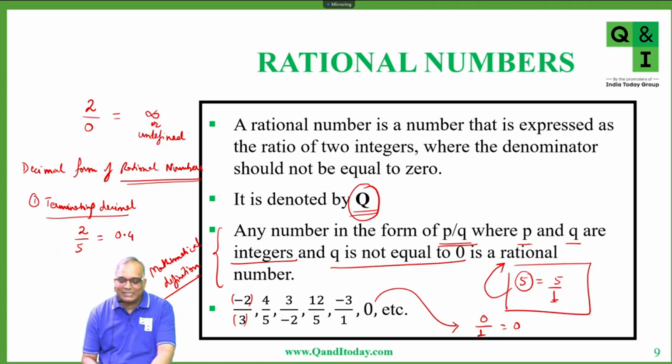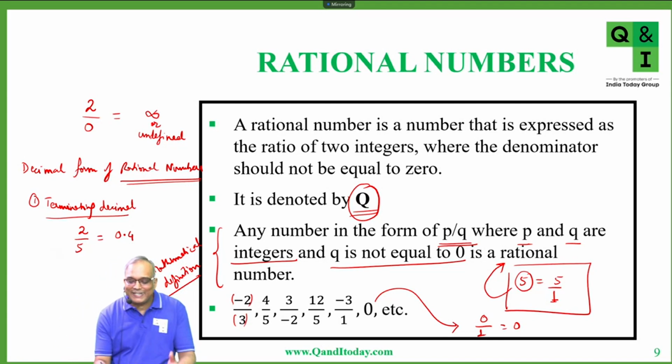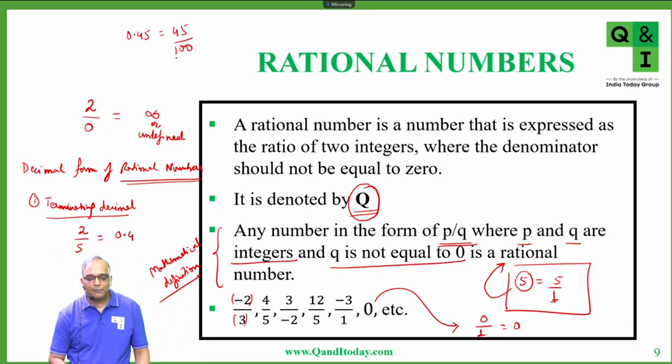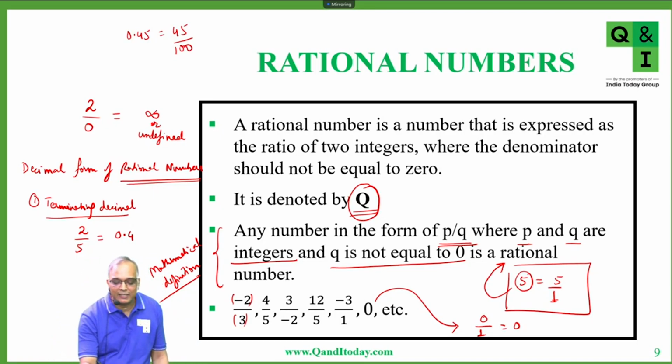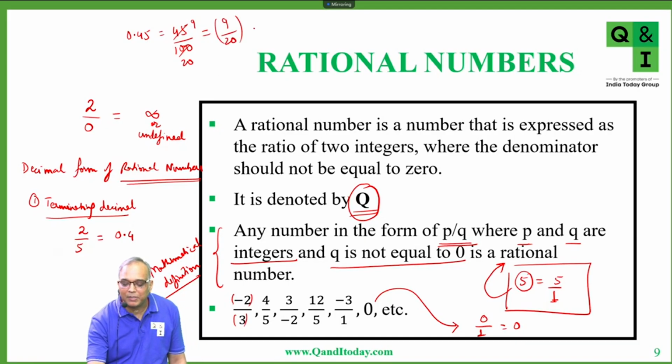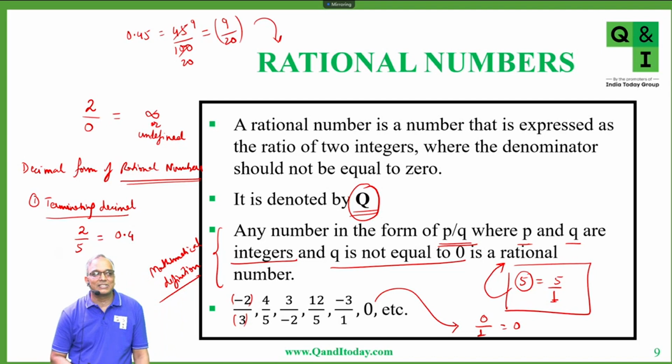So here you can see 0.4, any decimal, let's say we have 0.45, can be converted into P by Q form by dividing it by 100. 0.45 can be divided by 100. It will become 45 by 100. Now, if you cancel the common term, that is 5, 5 9 times and 5 20 times, this becomes 9 over 20, which is your P by Q form, which is a rational number.